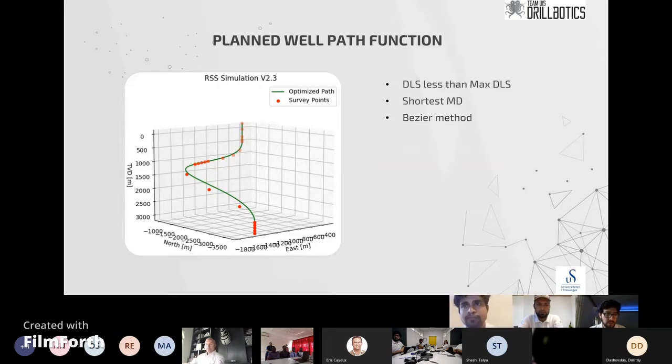For example, here the red dots are the initial survey points that were introduced by the user, and the green line is the optimized well path. In this case, we see that it is not passing through the points because it finds that the dogleg severity could be too much if we pass through this point, so it finds that it's better to have this trajectory.